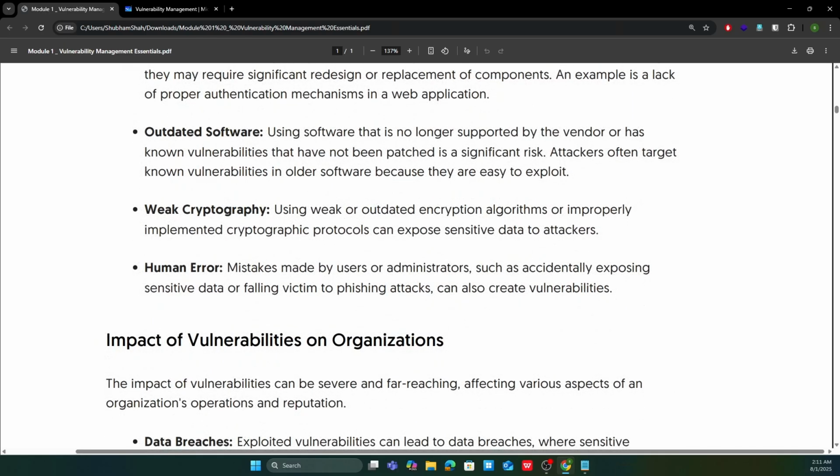So if the encryption we are using is very weak or outdated, or we have not implemented the protocols correctly, it can again be a source of vulnerability. For example, cryptography or encryption is utilized for communication.